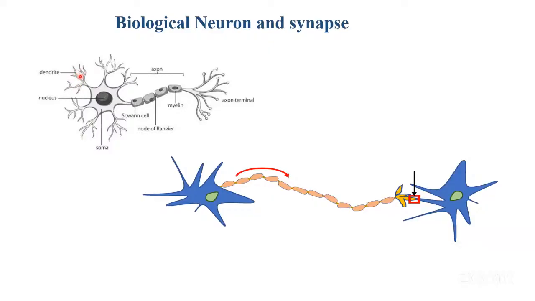They have dendrites, and the signal from other neurons, like from muscles and glands, is transferred via the axon. The axon is also connected to a neuron.